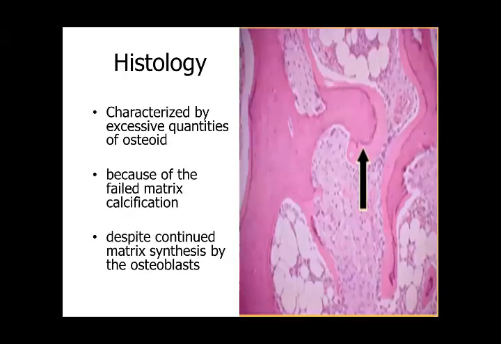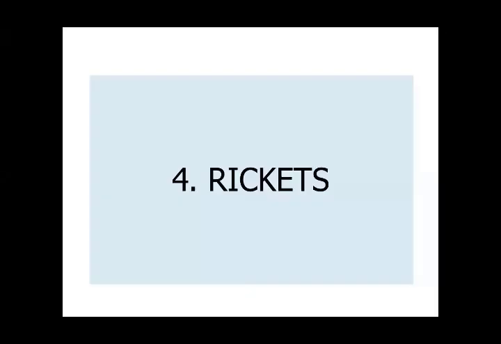So you can see expanded, excessive quantities of osteoid. This is a large amount of osteoid that is marked, because of failed matrix calcification despite continuous matrix synthesis by the osteoblasts. We come to the disease called rickets.